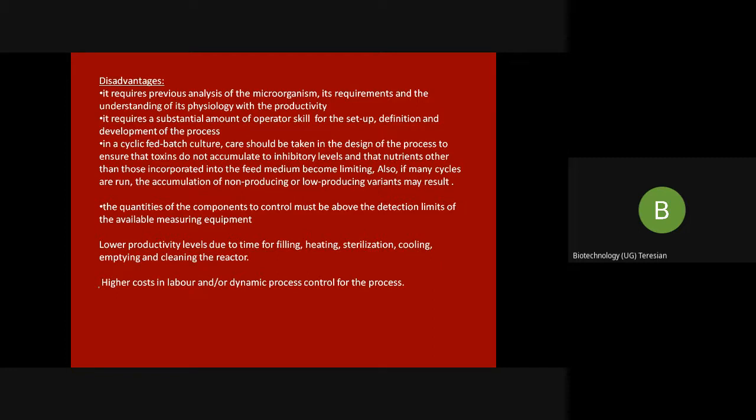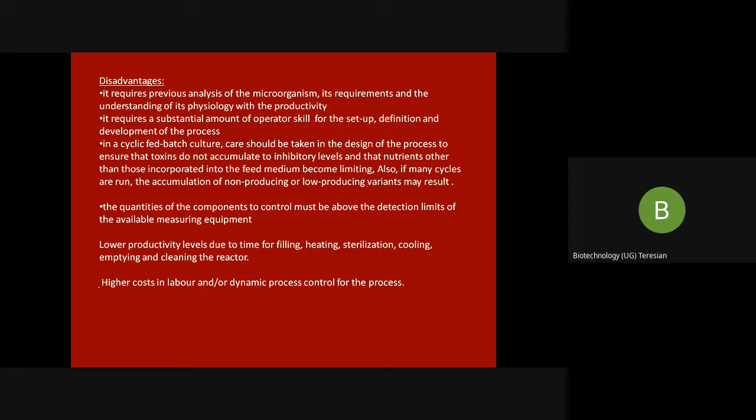You should know what is the microorganism which I should use to produce a product S, or I should also know the complete nutritional requirement of that microorganism. And I should see that the microorganisms or the substrate or the product do not cause any toxicity. It requires substantial amount of operator skill for setup, definition, development of the process.